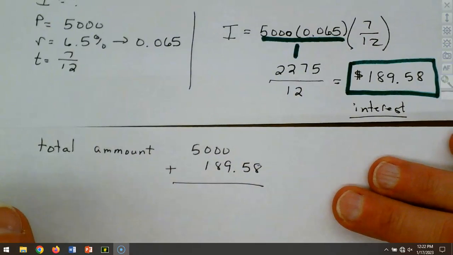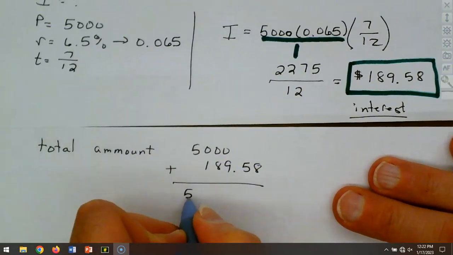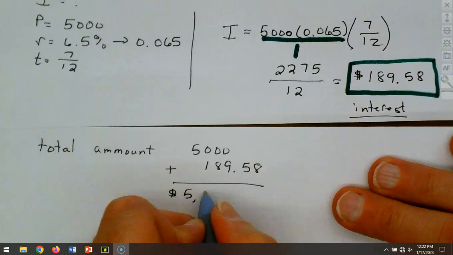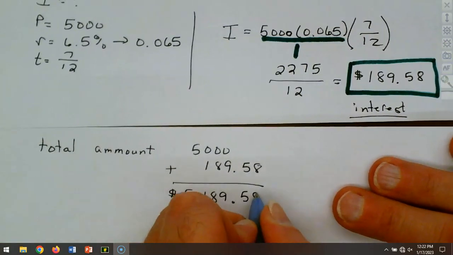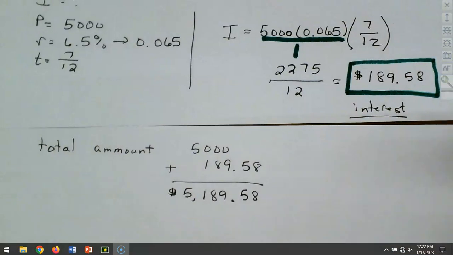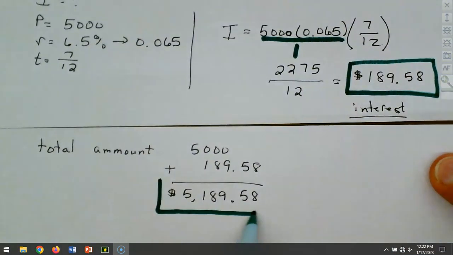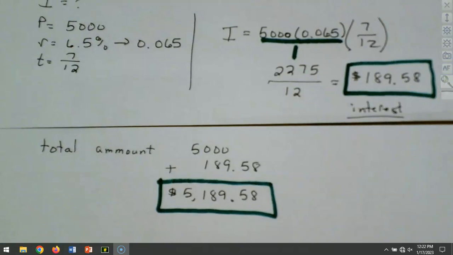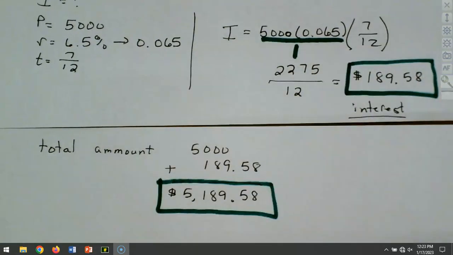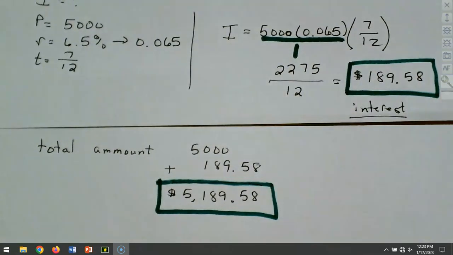Adding those together, my total amount is $5,189.58. If you divide too early, you're going to be off by a few cents. So don't ever divide until the very last step. Write it out, multiply across, and divide.